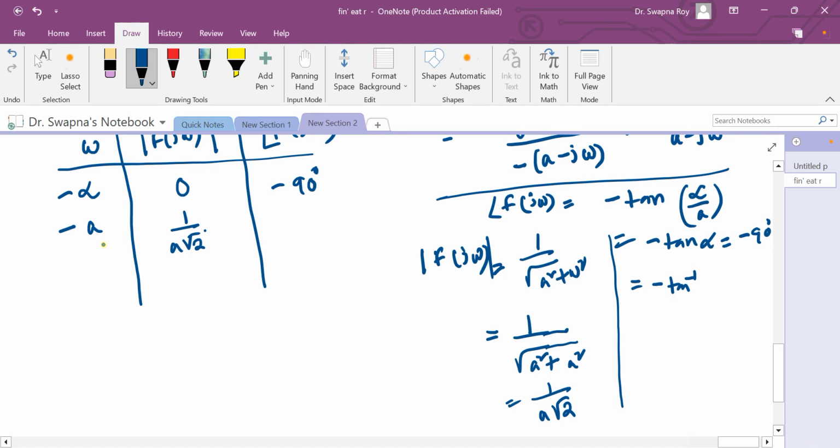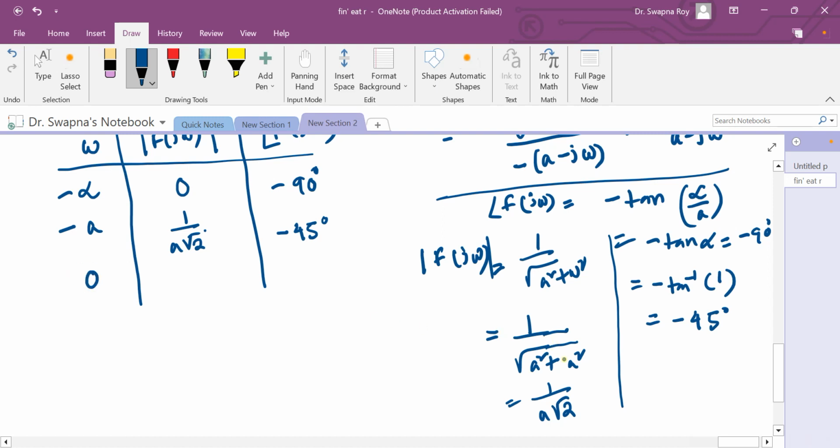So tan inverse 1, and tan inverse 1 is 45 degrees. So this is equal to minus 45 degree. Now I am putting omega is equal to 0.